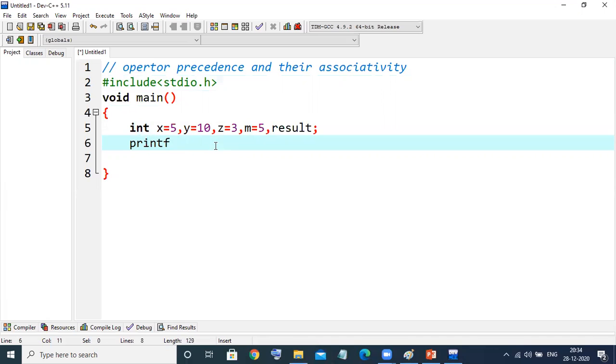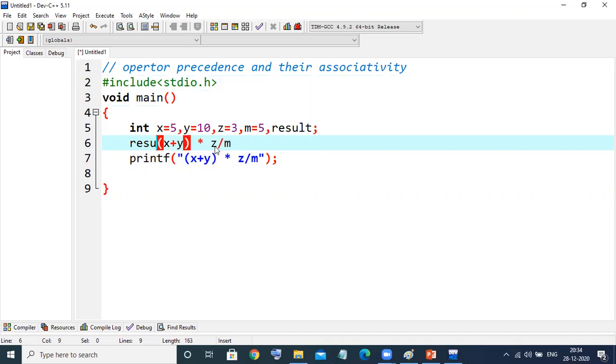I'll directly print the result. Printf. Suppose I want to print an expression like (x plus y) into z divided by m. Or else I will store it somewhere, because I've taken one variable as result.